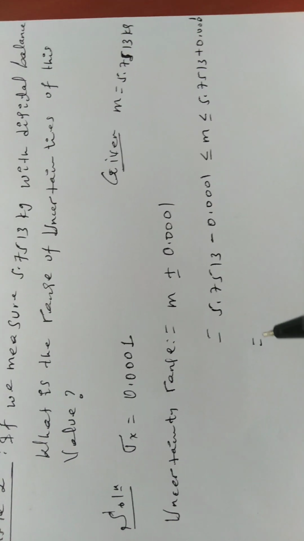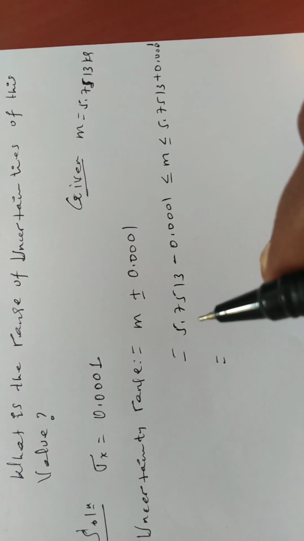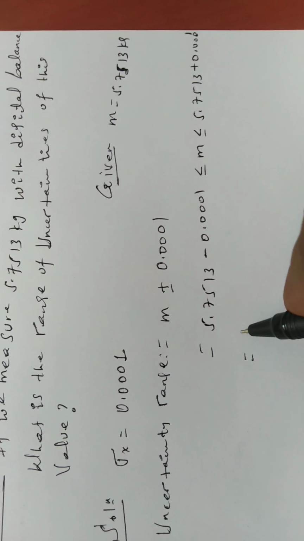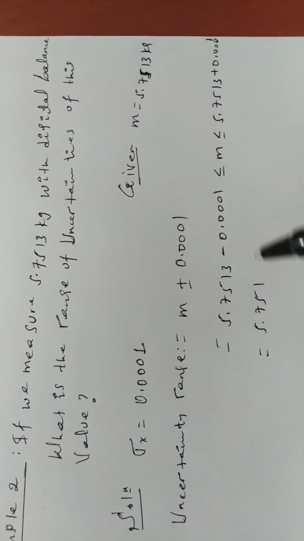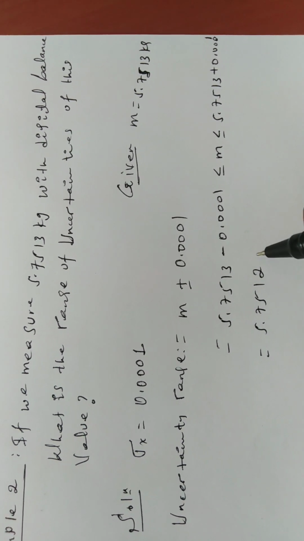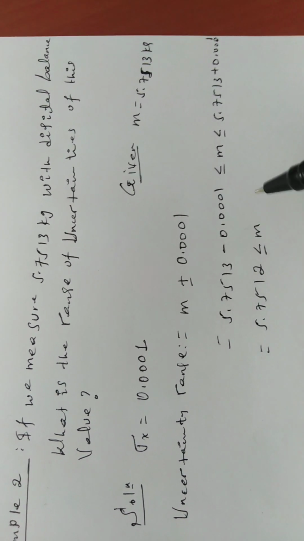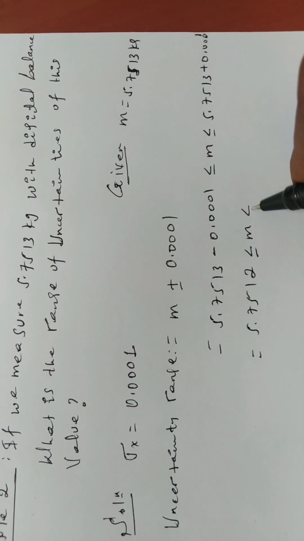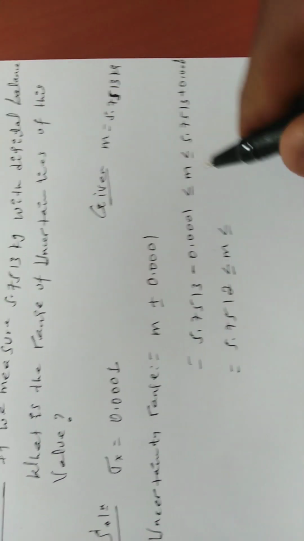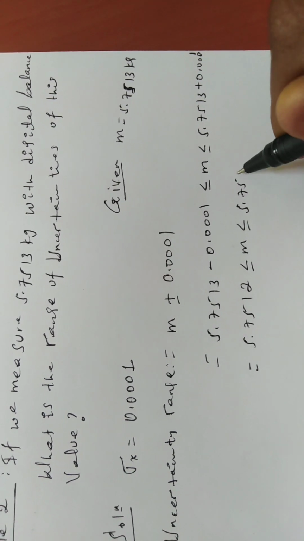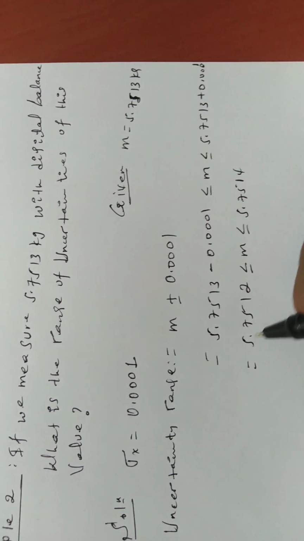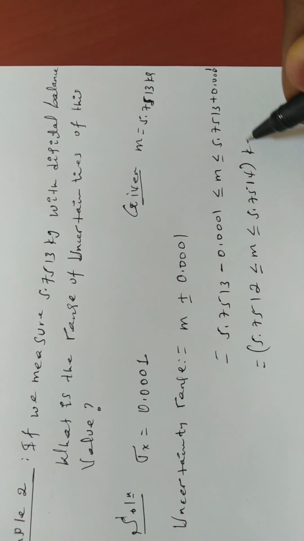So our uncertainty range is 5.7512 less than or equal to mass, less than or equal to 5.7514 kilogram.